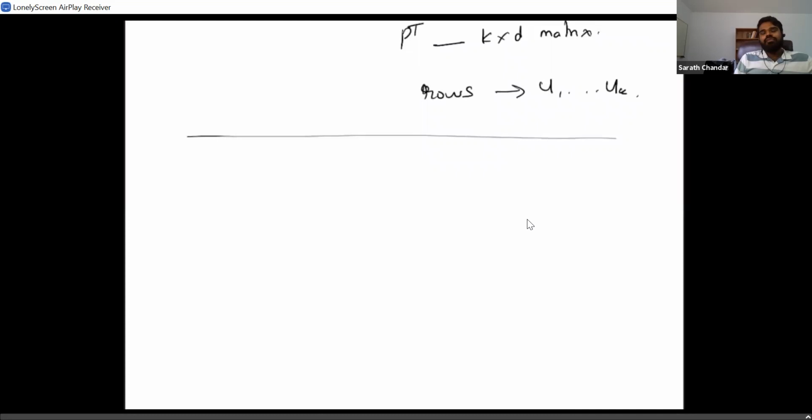So far, we wanted to do dimensionality reduction, and we are doing that with the algorithm PCA, right?